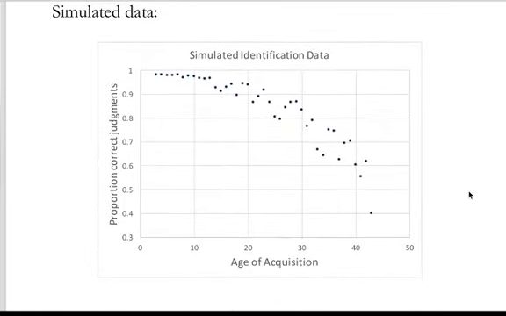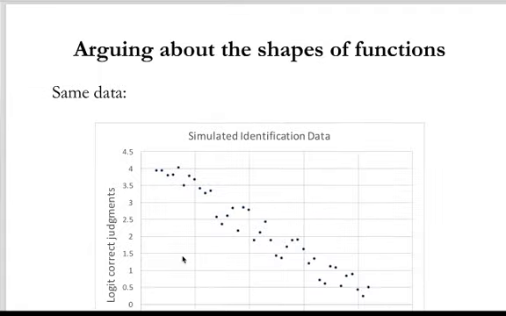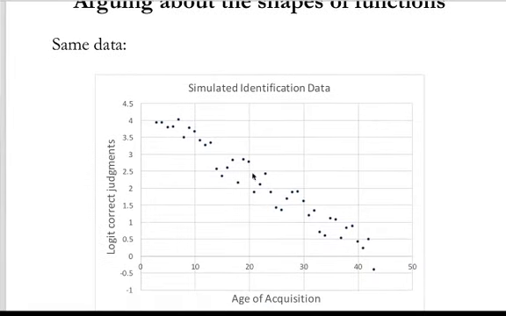So my point here is that it's going to be largely futile to argue and quibble about the minor quantitative aspects of these AOA curves. Is there a discontinuity here? Does a sigmoid model fit better? That's entirely a function of the kind of data that you've gathered and the way you've measured it.